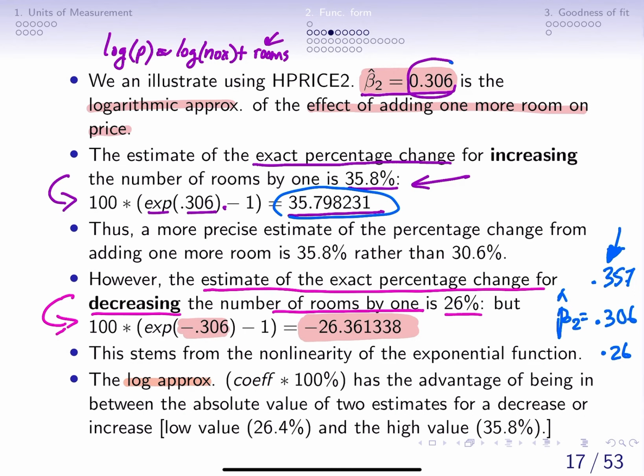So in absolute values, if you think about the absolute values of the numbers that we just came up with, negative 26.3% or 35.8%, the approximation is going to lie somewhere between the absolute values of those numbers that we computed. This is something to remember.